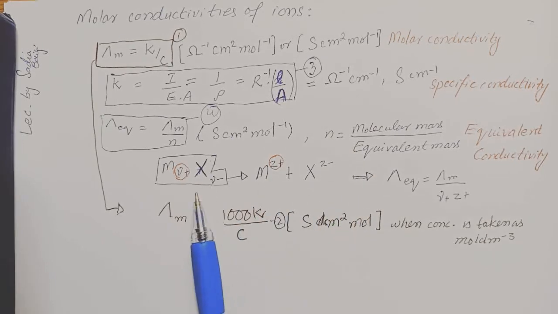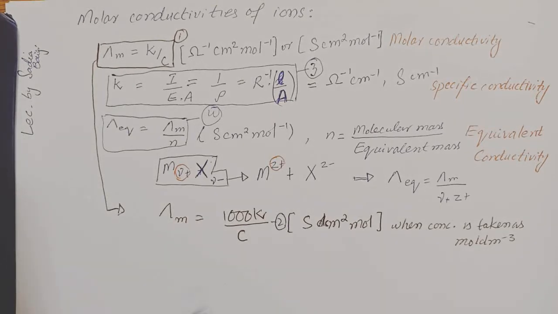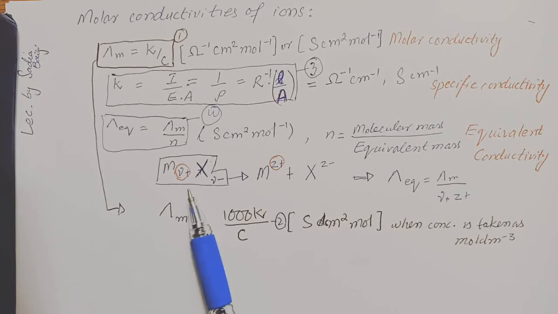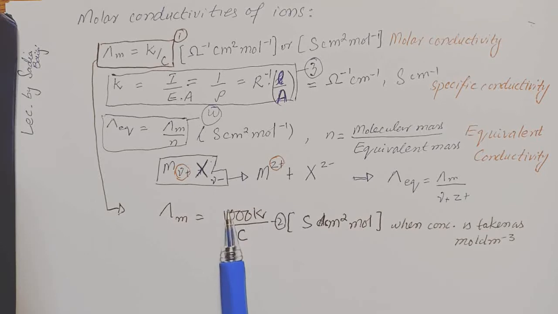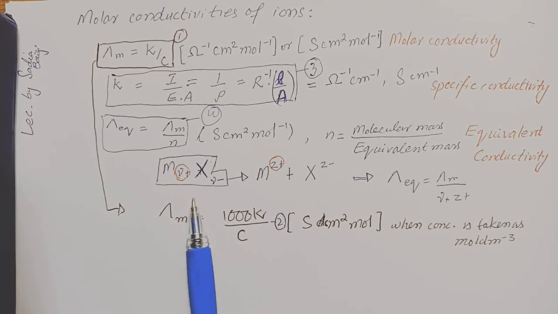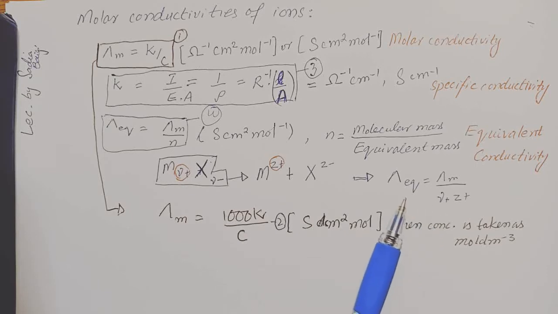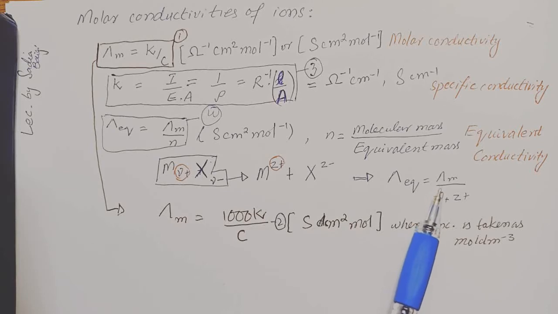For example, for a solution containing the electrolyte shown in this chemical equation, which shows the dissociation of the electrolyte solute within the solvent, the equivalent conductivity is equal to the ratio of the molar conductivity over these valences.